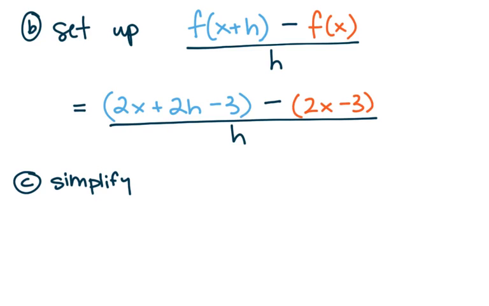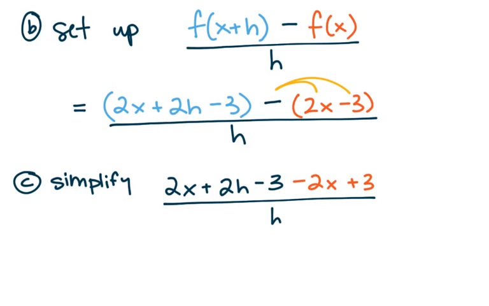So in this situation, I'm going to go ahead and distribute that negative. And that gives me 2x plus 2h minus 3, minus 2x plus 3, all of which is divided by h. Now you'll notice, almost every time you do this problem, the second expression should cancel.